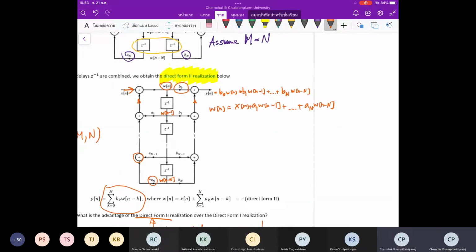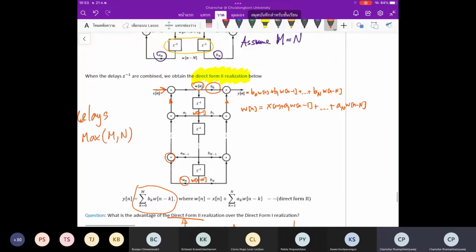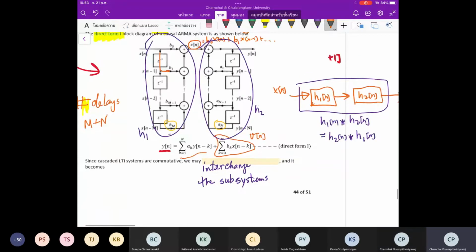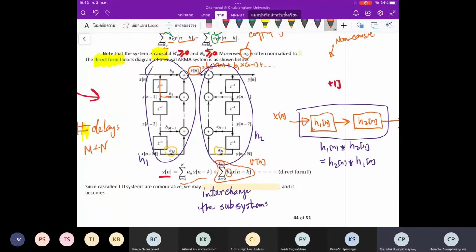But remember our n and m. Here the sum for bk goes up to m and ak goes up to n.